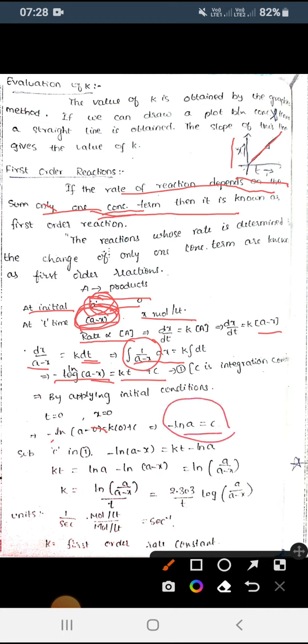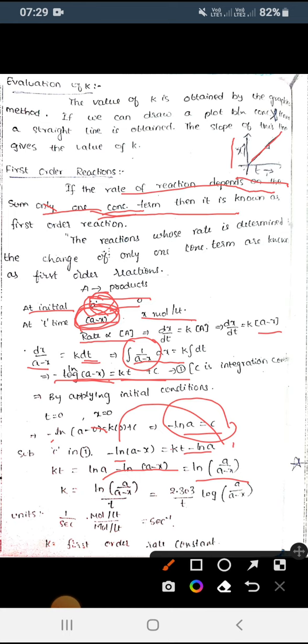Now substitute this in equation 1. When we substitute, bring log a to the other side, so kt is equal to log a minus log (a minus x). This is in the form of log a minus log b, so we can write it as log of a by (a minus x).